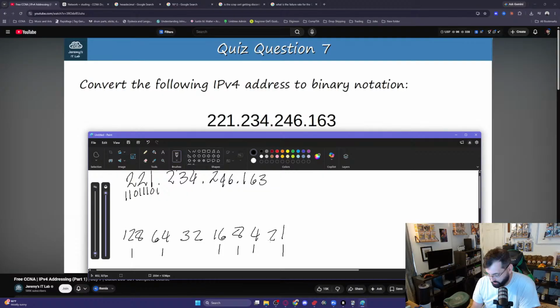No, it's going to be a different combination. 64. Dang it. 128 plus 64 is 192. We already know that. Plus 32 is 224. Plus 16 breaks it. So then it's got to be plus 8.